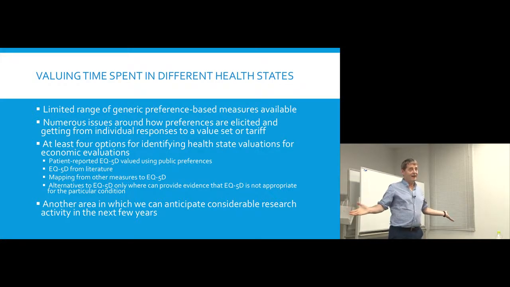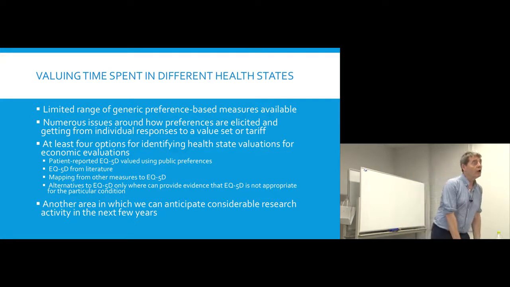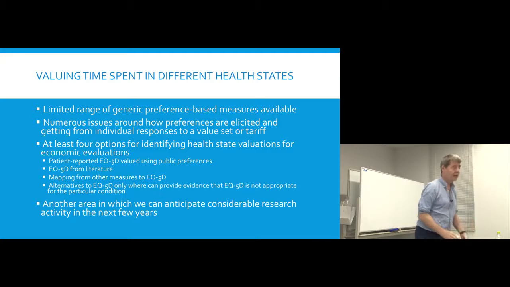Now, there isn't a right answer to this. As I say, the dominant view just now is to use the public valuations. One exception to this was the AQOL, the Australian measure that I briefly introduced. They've quite explicitly valued it half, or roughly half, I think, with public values and roughly half with patient values.